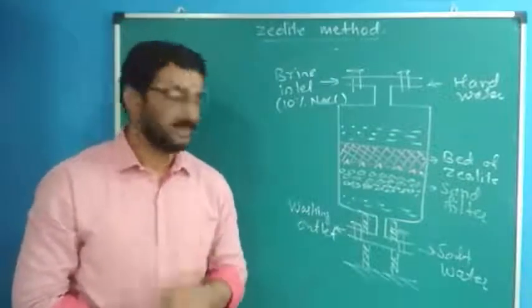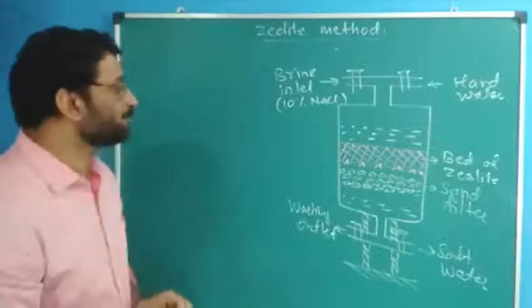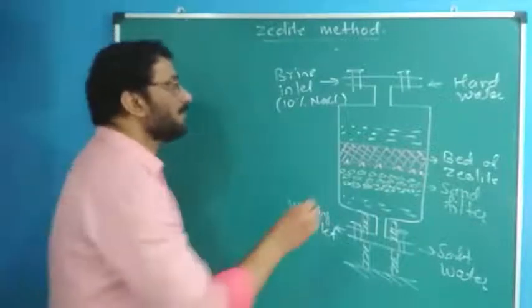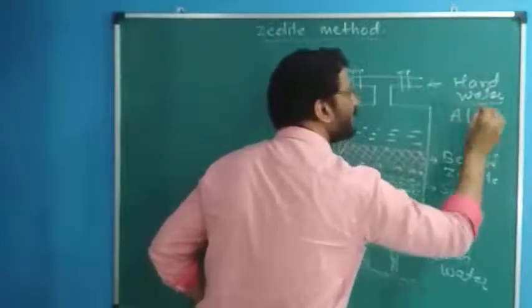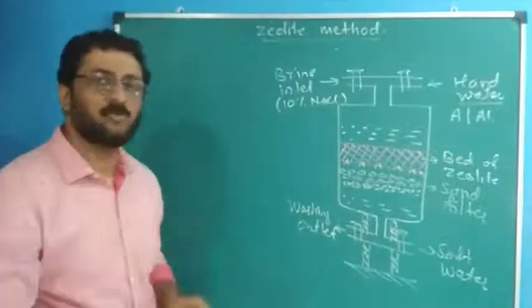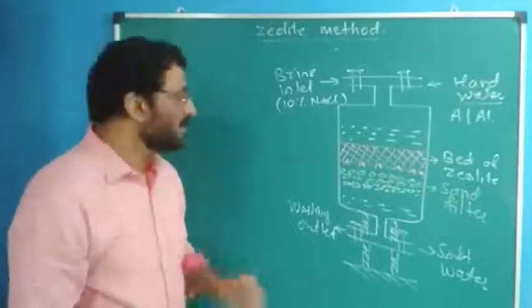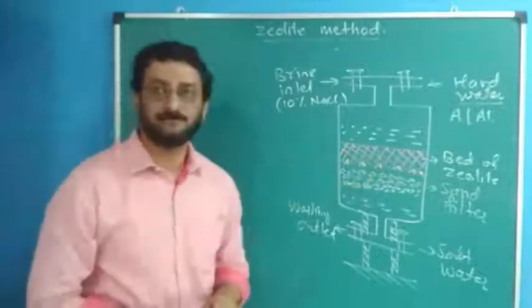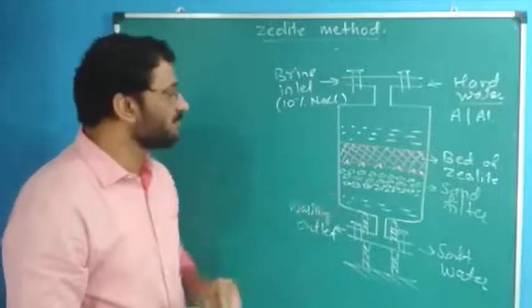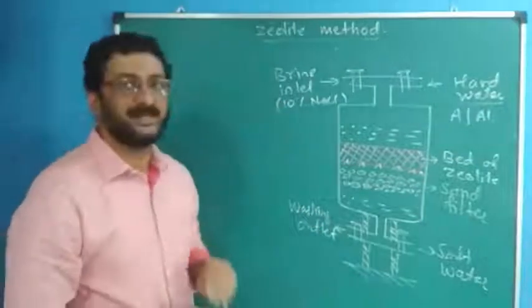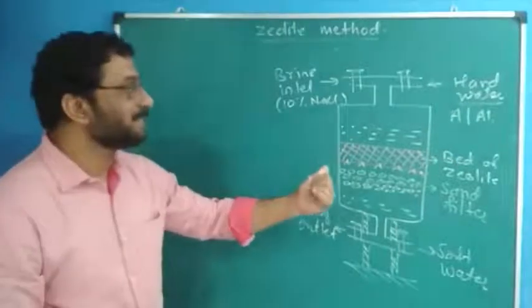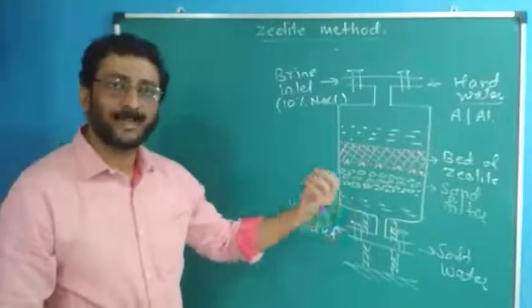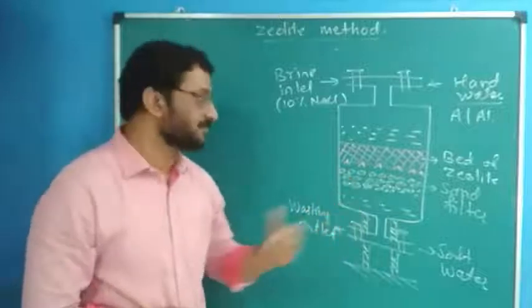Now what are the disadvantages? First, if the water is highly acidic or highly alkaline, it may partially destroy the bed. In that case, even the softening and the regeneration are not proper, so highly acidic and highly alkaline water cannot be properly softened.